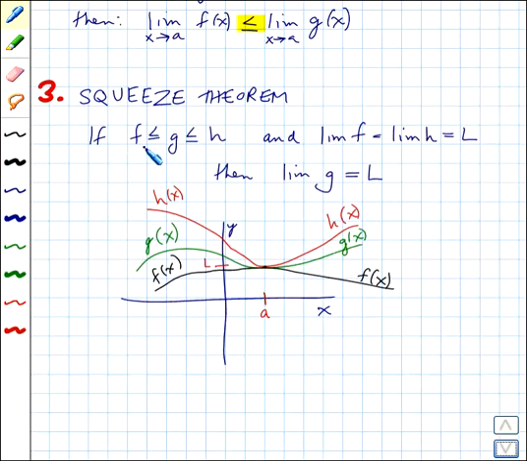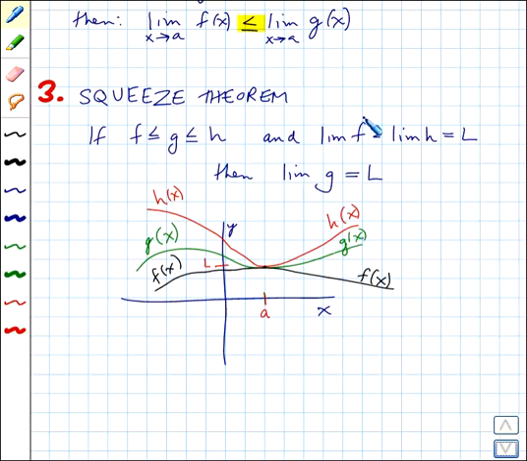Now, what this says is that if we have three functions, f, g, and h, and f is less than or equal to g is less than or equal to h, right? And I've illustrated it here. f of x is less than g of x is less than h of x.